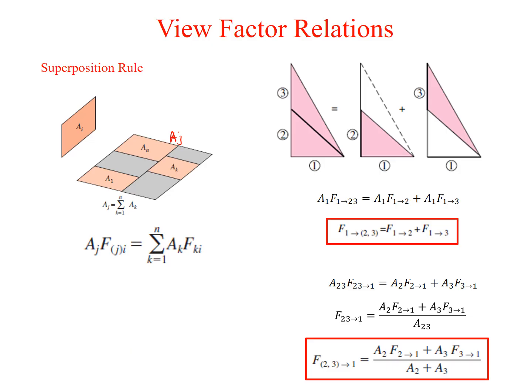So let's say AJ is this area, and I want to write the opposite relation for FJI.